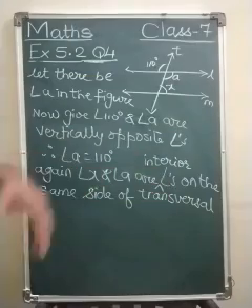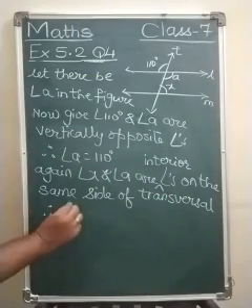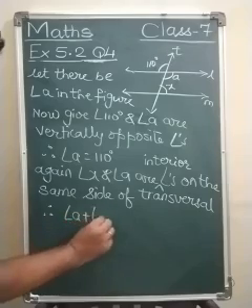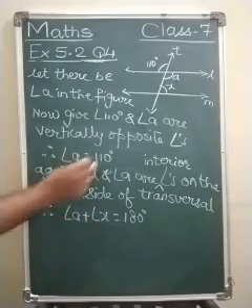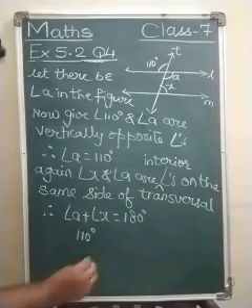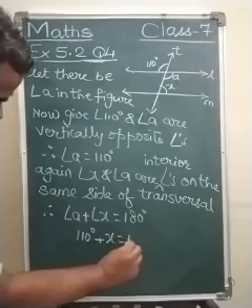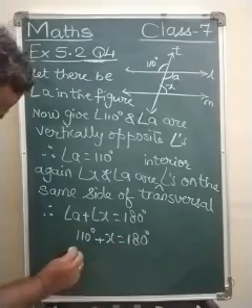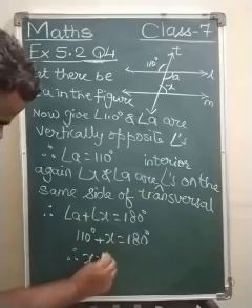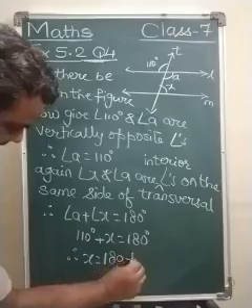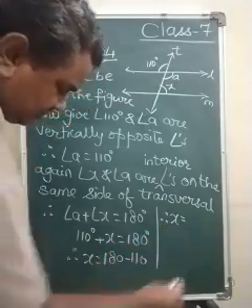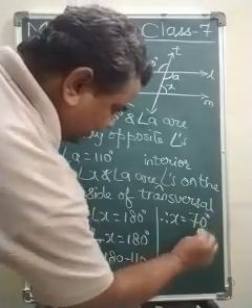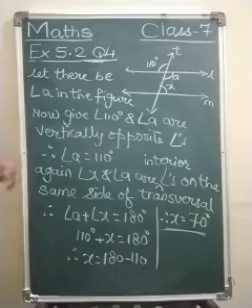They are supplementary. Therefore, angle A plus angle X equals 180 degrees. The value of A is 110 degrees, so 110 plus X equals 180 degrees. Therefore, X equals 180 minus 110. Therefore, X equals 70 degrees. And then we have found out the value of X.